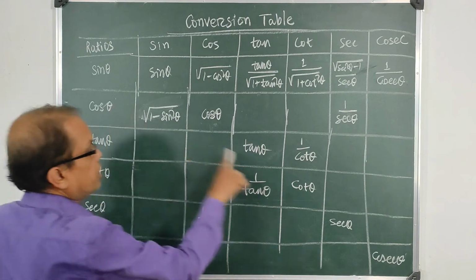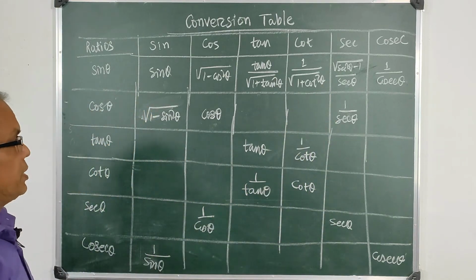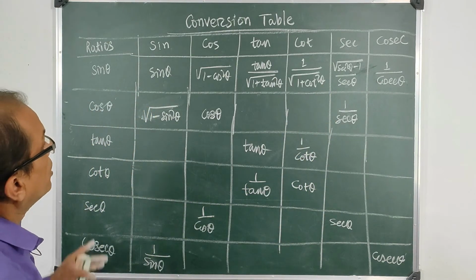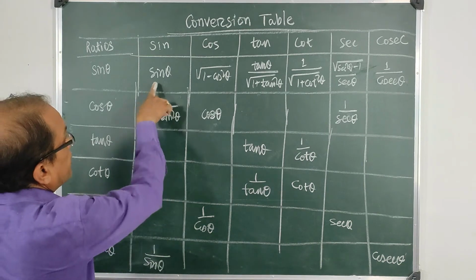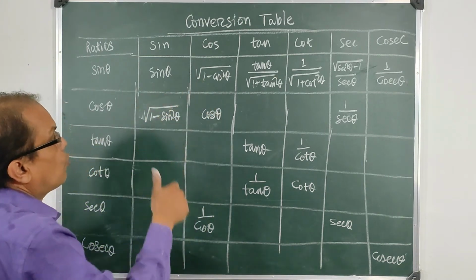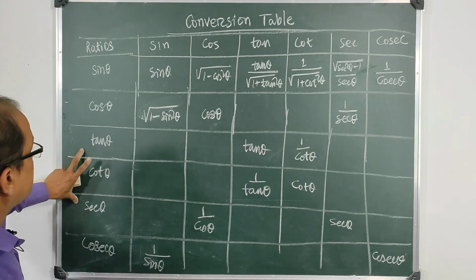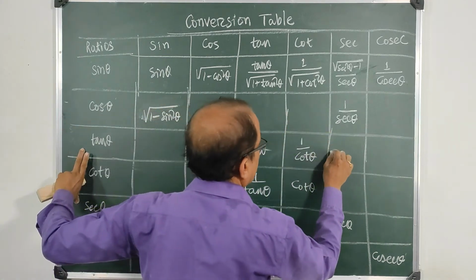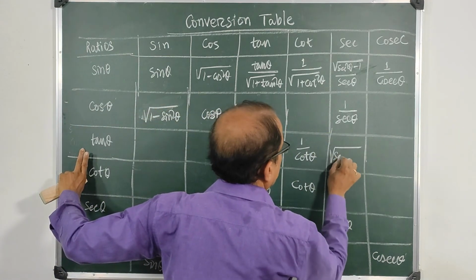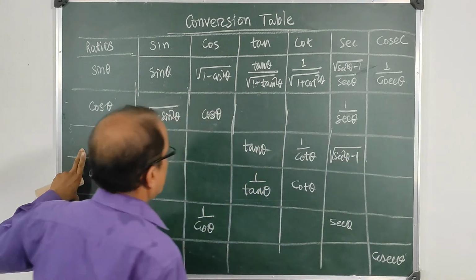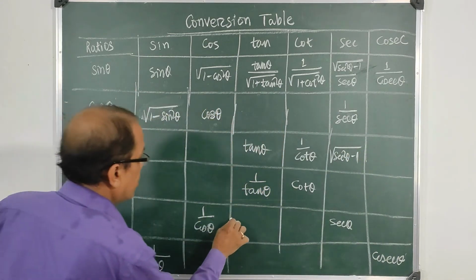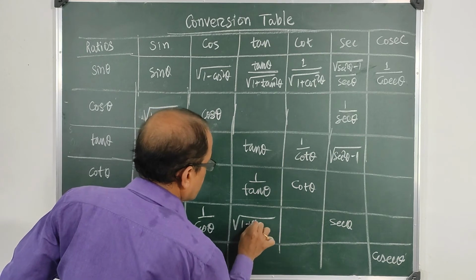So writing these 6 plus 6, 12 is very fast. Then come for the formula derivatives. Sin and cos are formula derivatives. Formula 1, formula is between tan and sec. So tan theta in form of sec will be sec square theta minus 1, while sec theta in the form of tan will be root over 1 plus tan square theta.